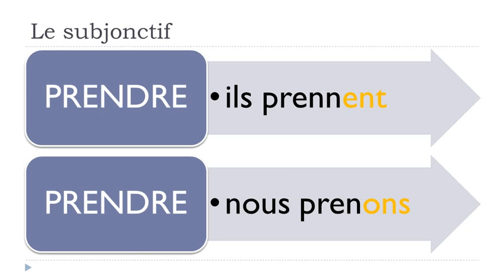We can spot first the ending, because we know that ENT is the ending for ils, and ONS is the ending for nous, and of course what we'll do is take them away. So we'll put the endings away and keep only this first part here and the first part here.